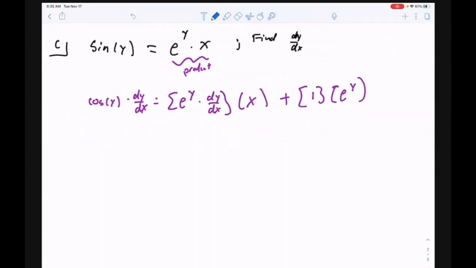Well, the dy dx's on the same side. So I get cosine of y dy dx minus x e to the y dy dx equals e to the y.